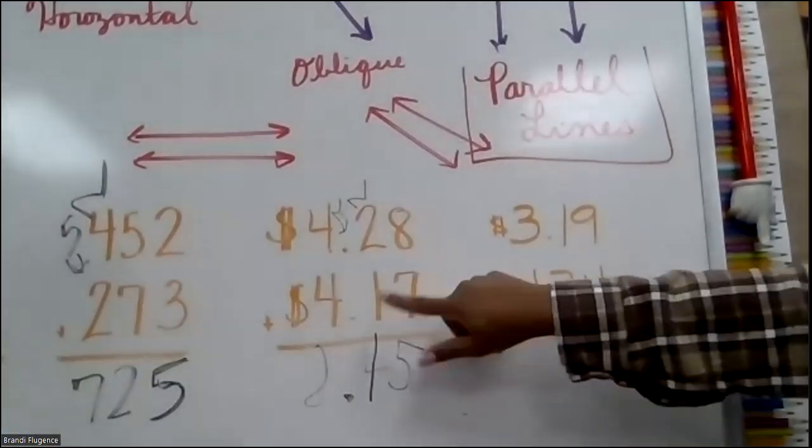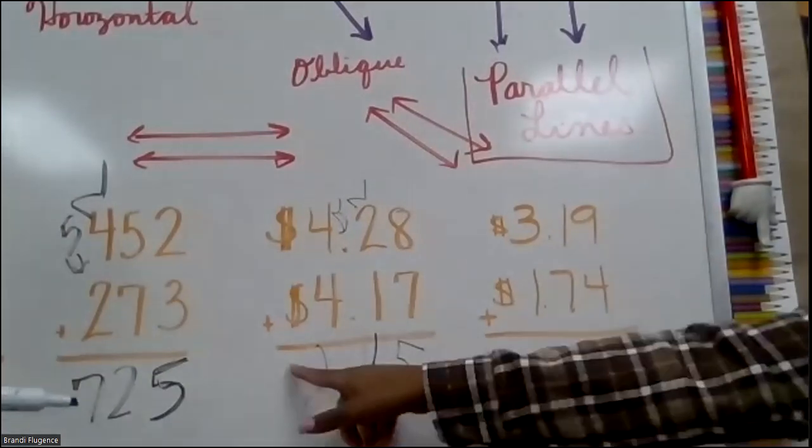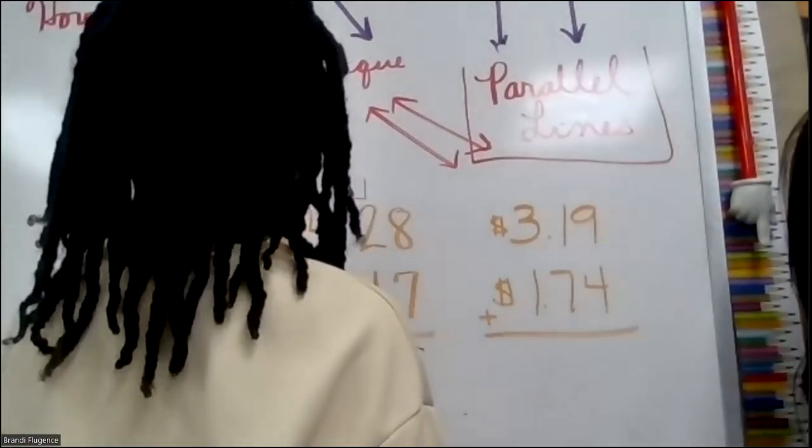So 8 plus 7 is 15, carry that 1, 1 plus 2 is 3, 3 plus 1 is 4, 4 plus 4 is 8, dollar symbol, $8.45. Mariah, next one.